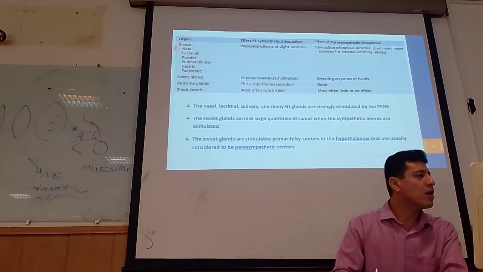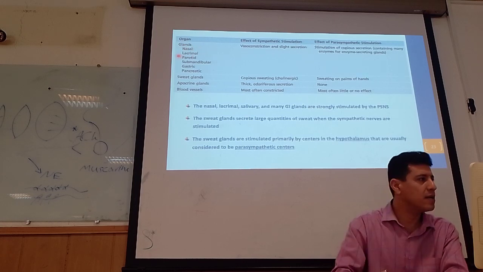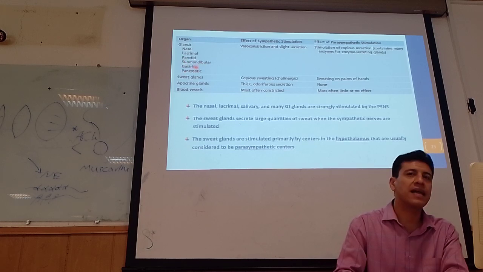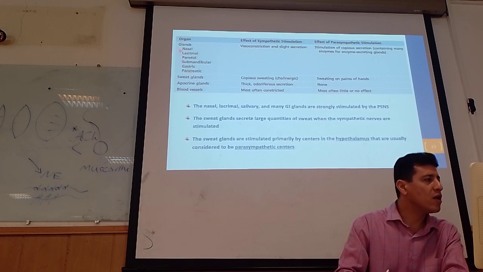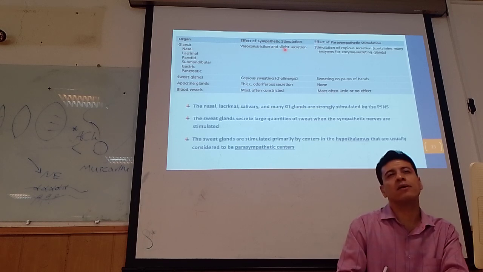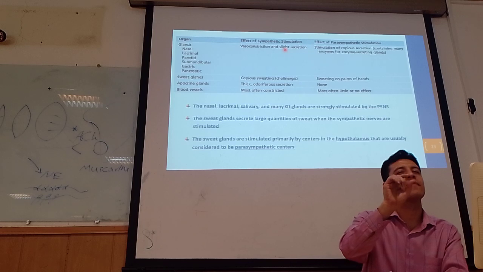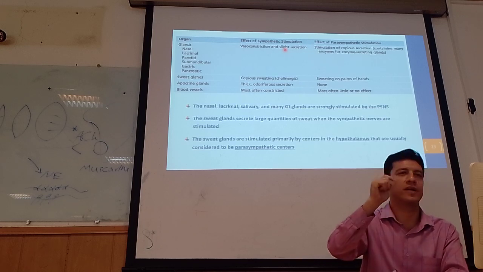Right? So on the glands, we have nasal gland, lacrimal gland in the eye, which secretes tears, right? Parotid gland, submandibular gland, gastric gland, and we have also pancreatic gland. So all of them are actually activated by the sympathetic nervous system, which causes a very small amount of secretion.